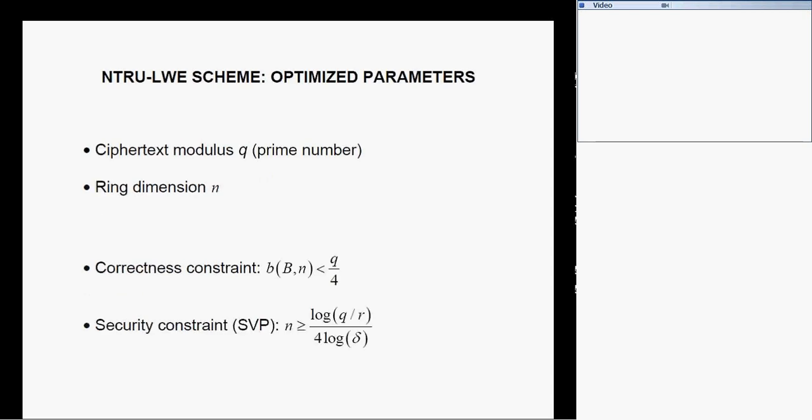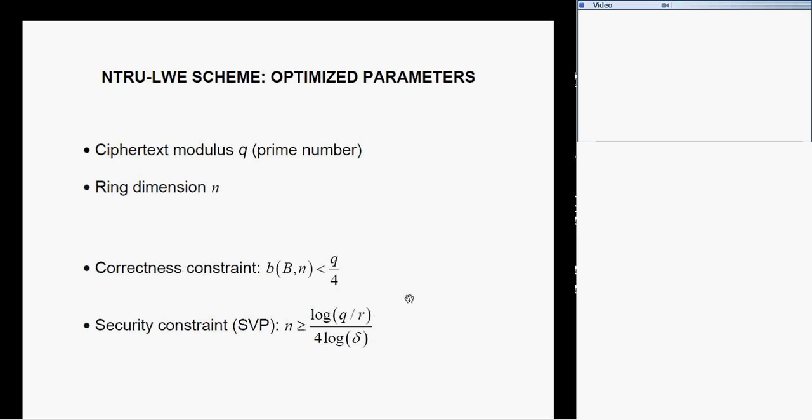The 2 parameters are the ciphertext modulus Q and the ring dimension N. We have two inequality constraints, one based on security and another based on correctness.